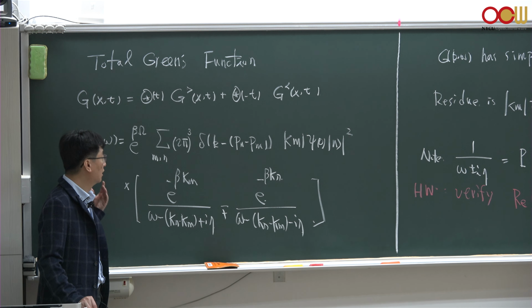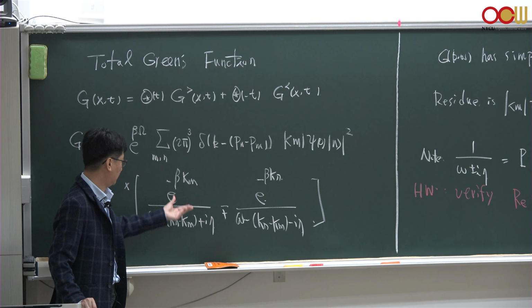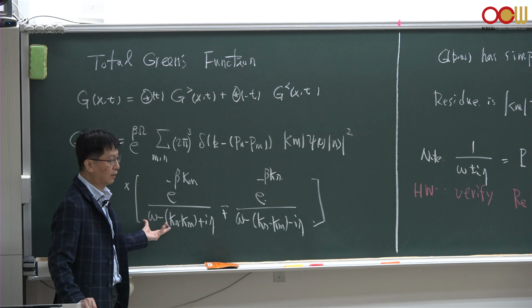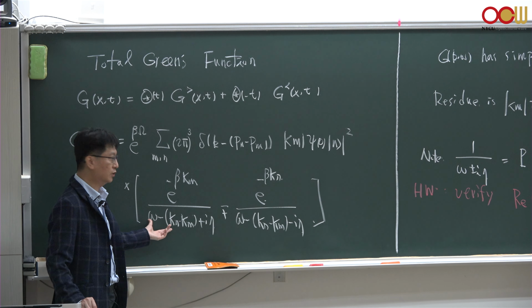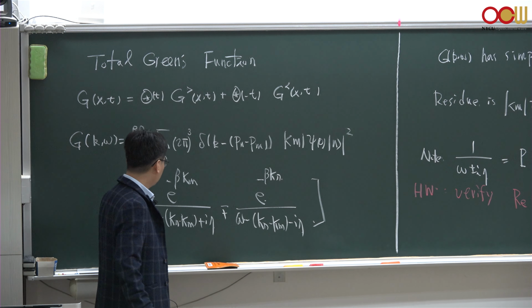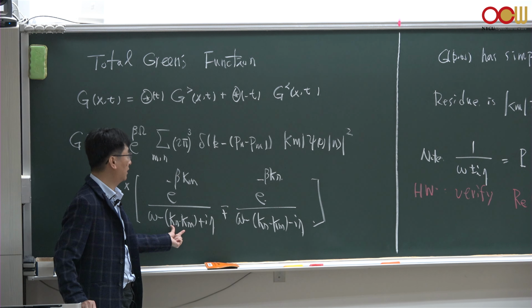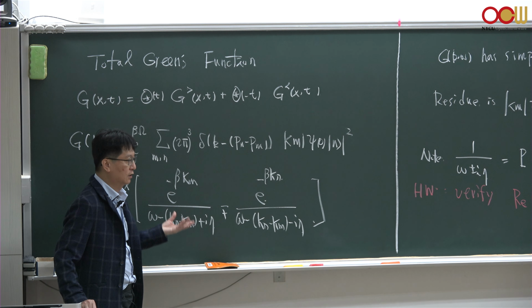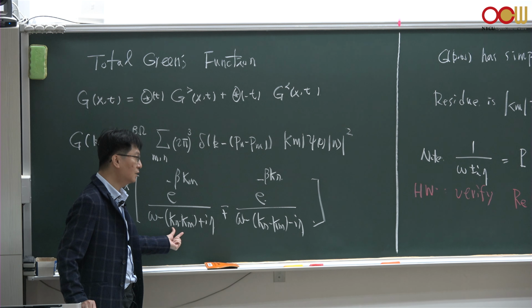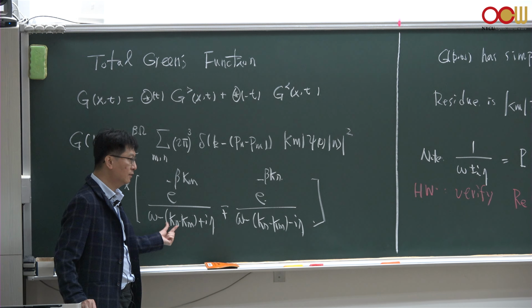And then by the end of the day, we found that this is given by a combination of the thermal factor divided by this energy denominator. Okay, so the energy denominator is ω minus (E_m minus E_n). Remember, this E_m minus E_n represents the excitation energy, which is the energy difference between the states m and n.